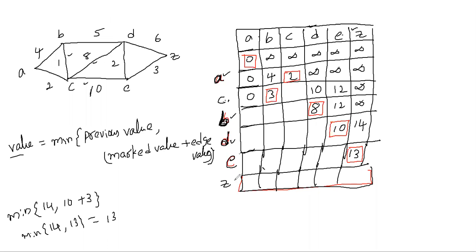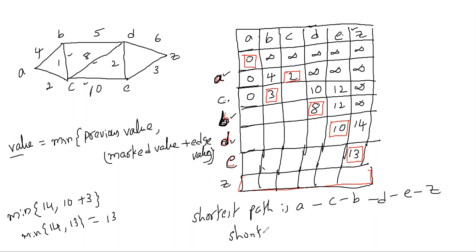Z. Okay, therefore the shortest path is A, C, B, D, E, Z. Shortest length is 13. Okay, so this is the problem.